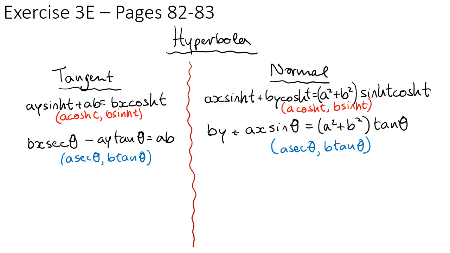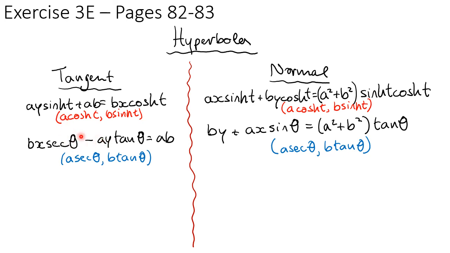Okay, we should now be able to do exercise 3E on pages 82 to 83. And here are the equations for the tangents and the normals if you wish to memorize them. Remember, they come in two forms: one where the coordinates are given as hyperbolic functions, cosh and sinh, and one where the coordinates are given as normal trigonometric functions, so sec and tan.